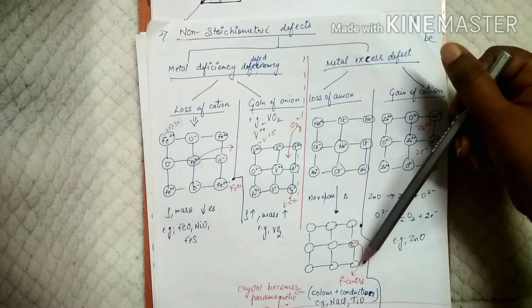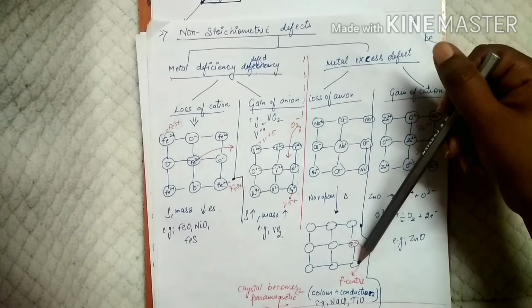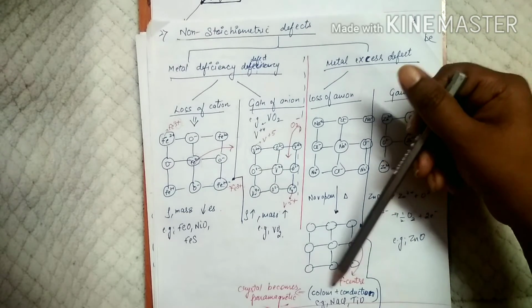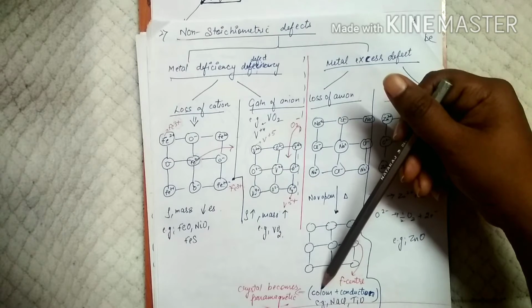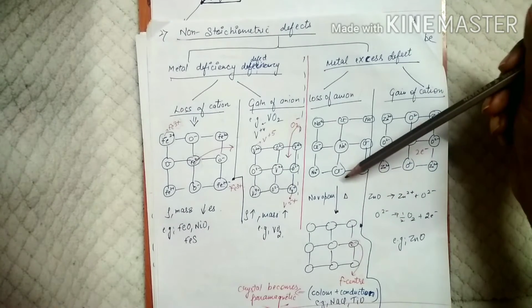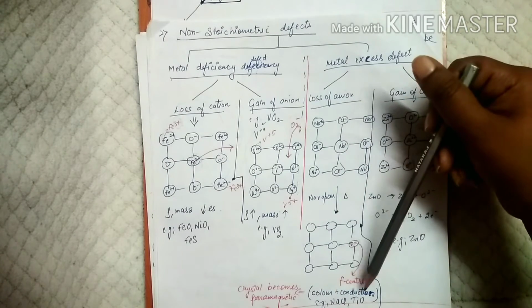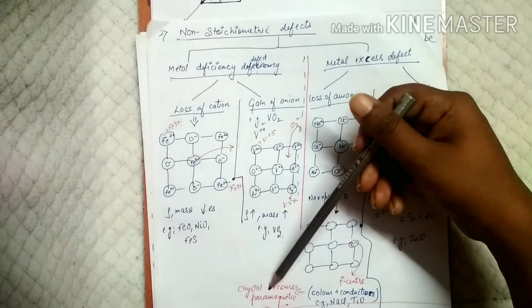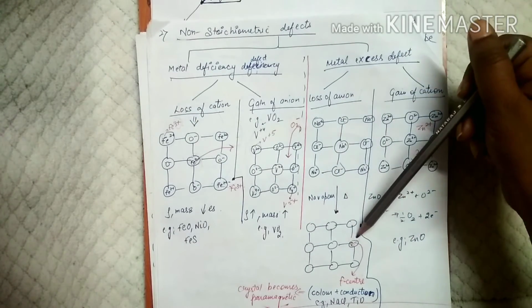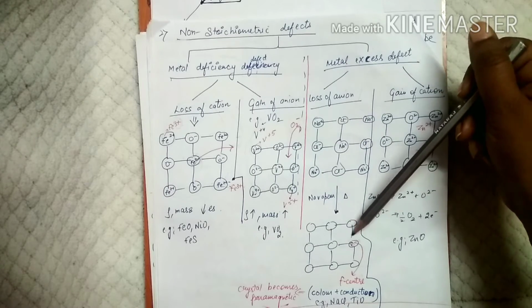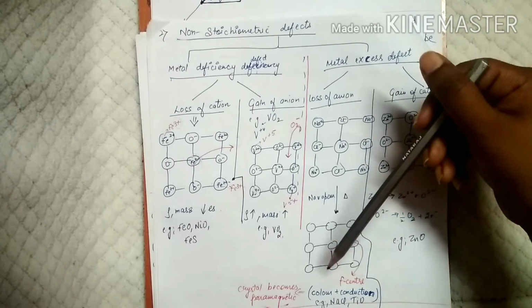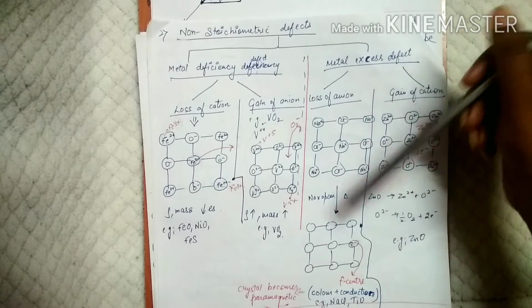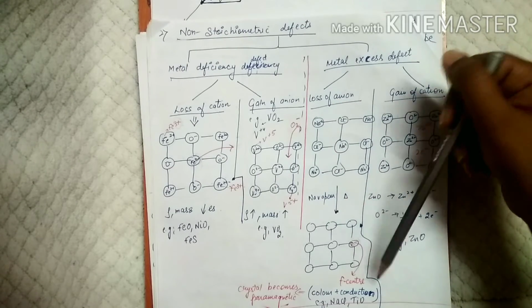One important thing to note here is that this F center is responsible for the colored characteristics of these types of defects and is responsible for conduction also. The crystal becomes paramagnetic in nature due to the introduction of the electrons. So this is an important point in case of loss of anions.